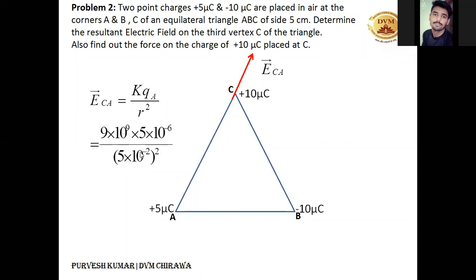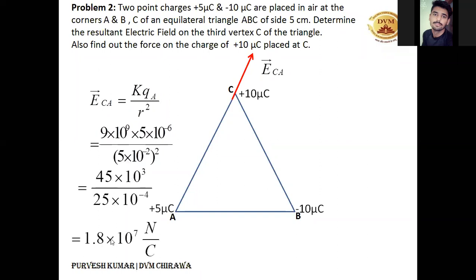Solving it out, you are left with 1.8 into 10 to the power 7 Newton per coulomb. So it is the electric field at point C because of the charge placed at A.